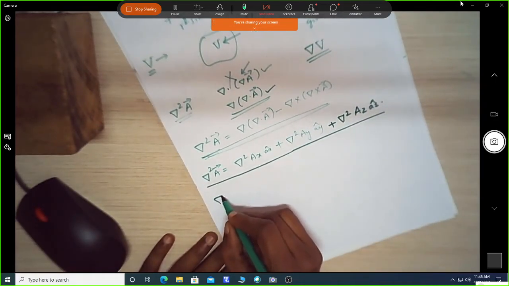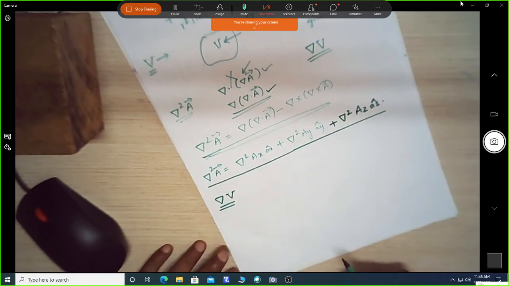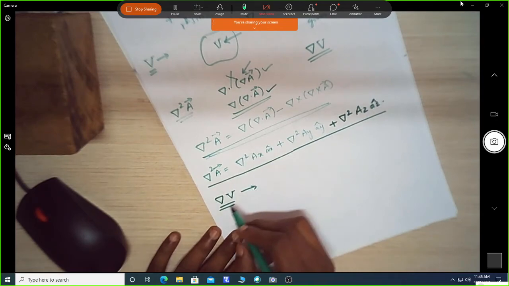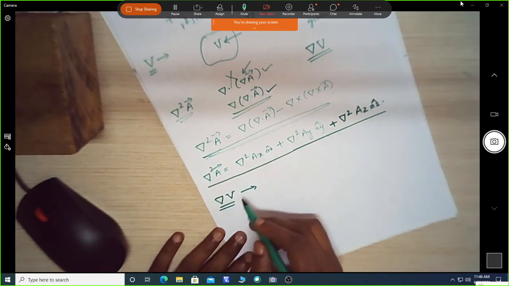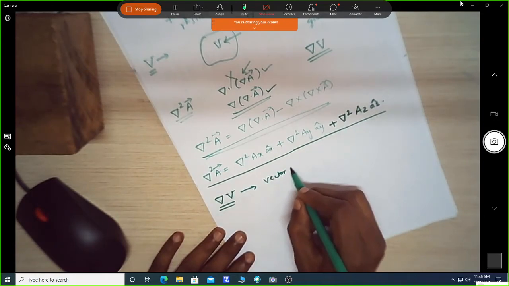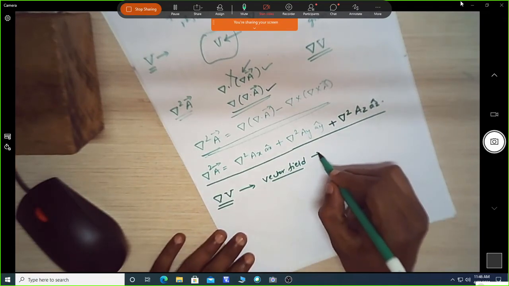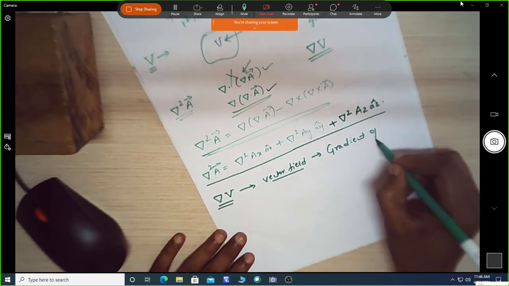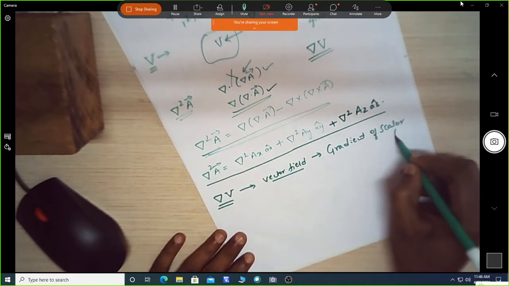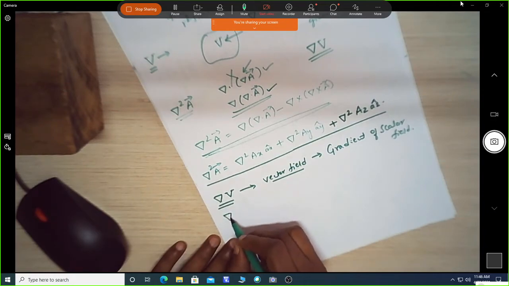We have done the gradient of scalar field V, del V. When the del operator operates on a scalar field V, it results in a vector field. This we call the gradient of a scalar field. Then we applied the divergence operator on a vector.